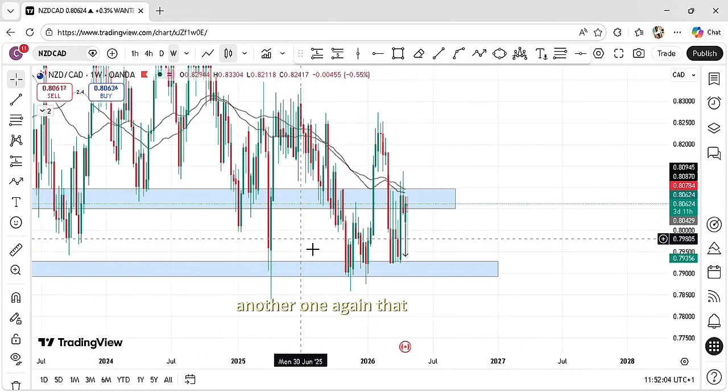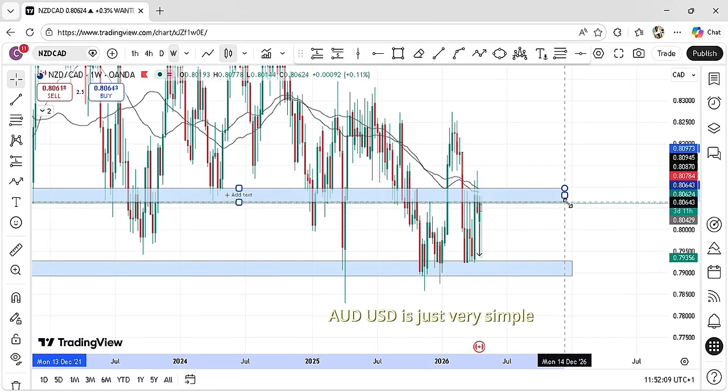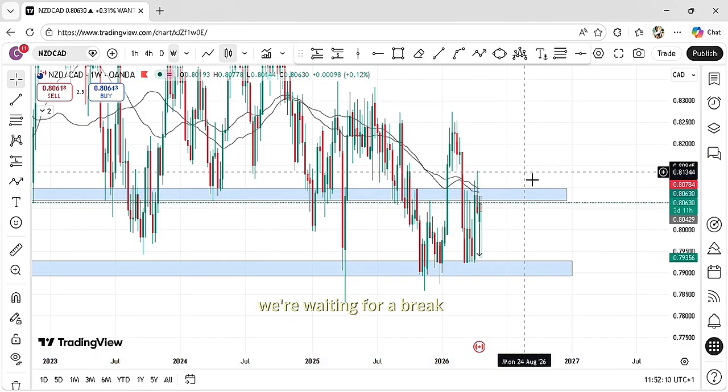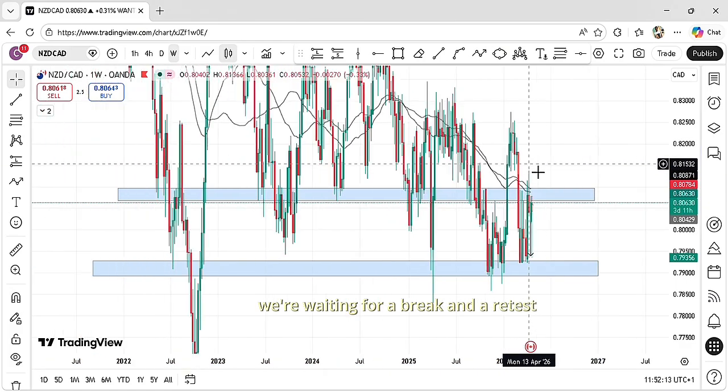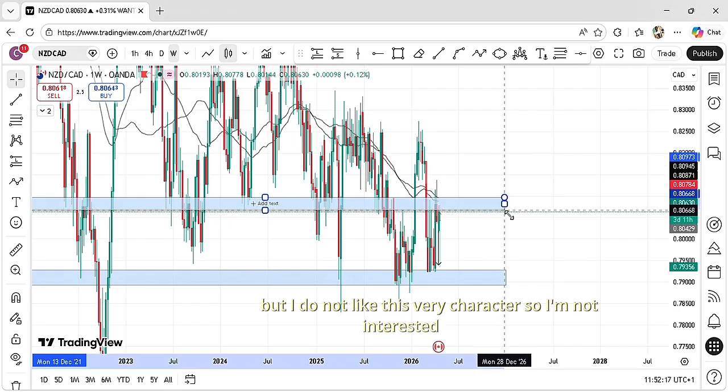Another one again that we'll be talking about is AUD USD. AUD USD is just very simple. We're waiting for a break and a retest, which is happening, but I do not like this break and retest, so I'm not interested in it.